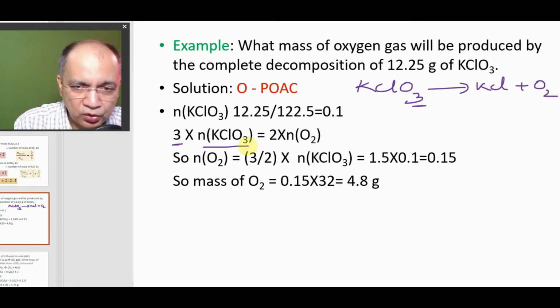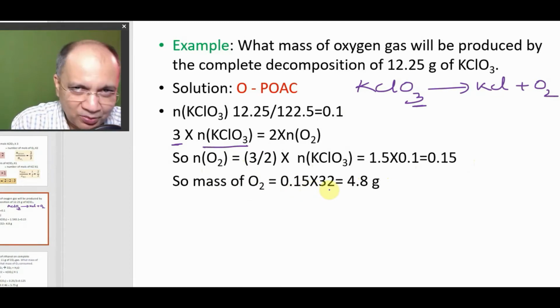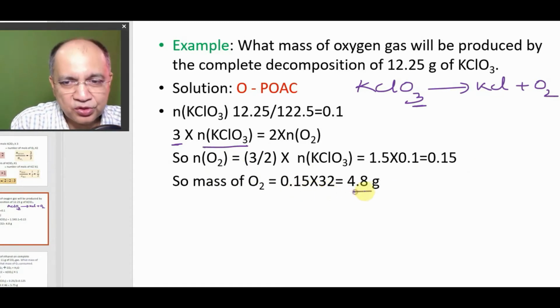So since this is known, the number of moles of oxygen is equal to 3 by 2 into number of moles of KClO3. So this is 1.5 into 0.1, which you have already got. So the result is 0.15. So the number of moles produced is 0.15, and hence its mass will be number of moles into molecular mass of oxygen, which is 32, so 4.8 grams.